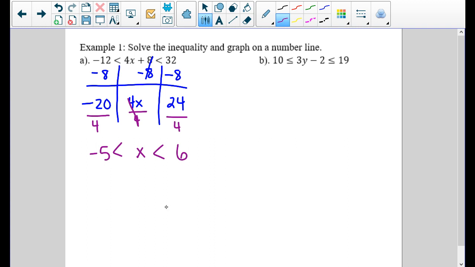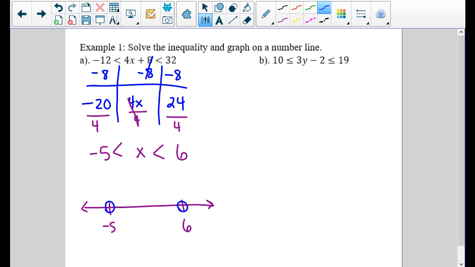Let's take a look at our graph now. Same idea, this time we're just going to have two marks on there. One at negative 5, the least value, and the greatest value is 6. Circles are the same idea. Negative 5 is less than x, so it's an open circle. x is less than 6, open circle.